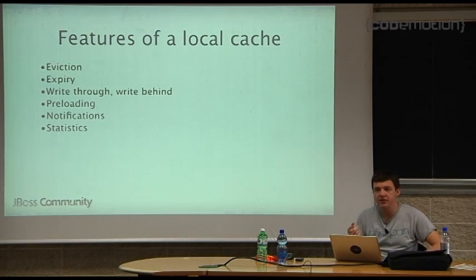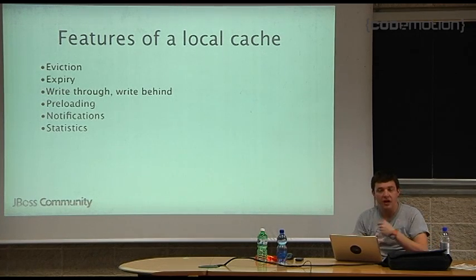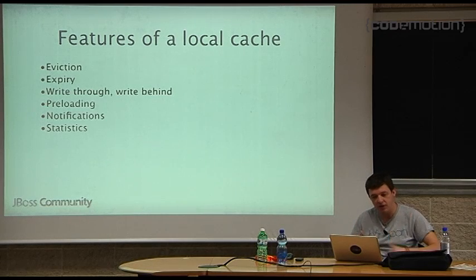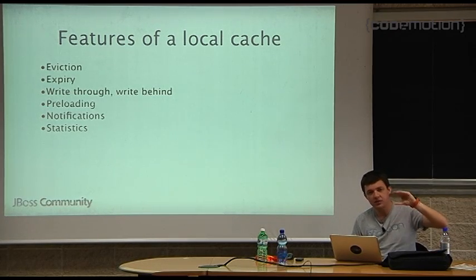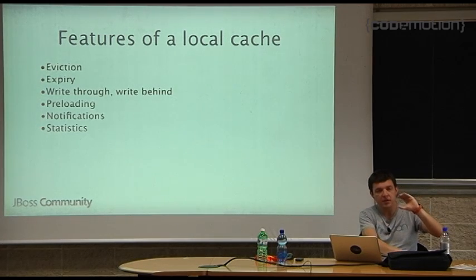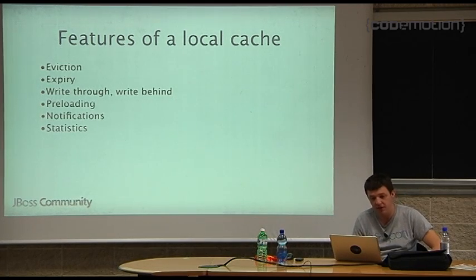It gives you expiry so that you can say, keep this for the next 5 minutes, then just drop it off. I won't have to, as an application, take care of that logic. Right behind is a cache store, which simply allows you to interpose a cache between your application and the database without necessarily writing the SQL that reads from the database and writes into the cache. You just need to configure things.